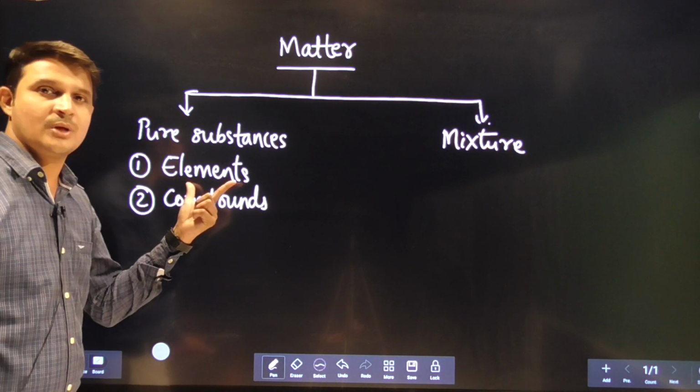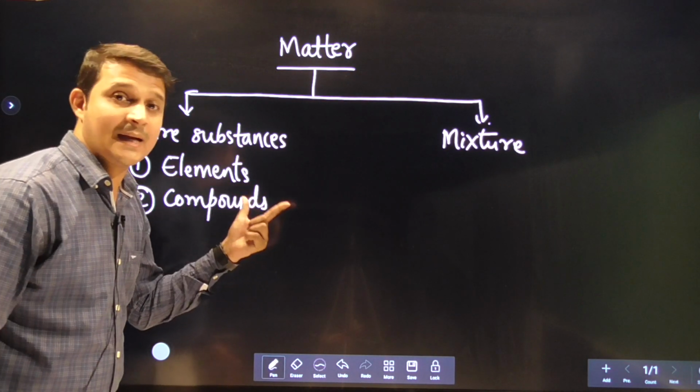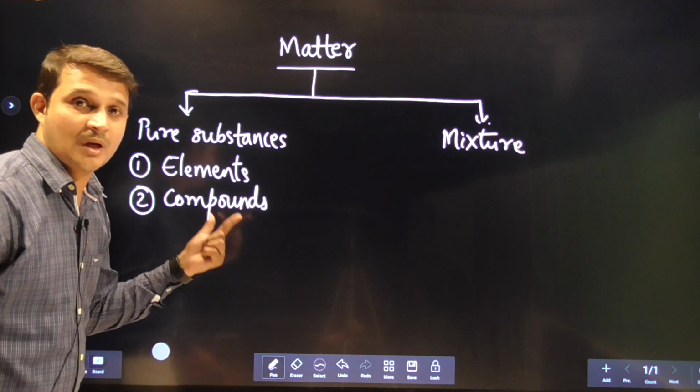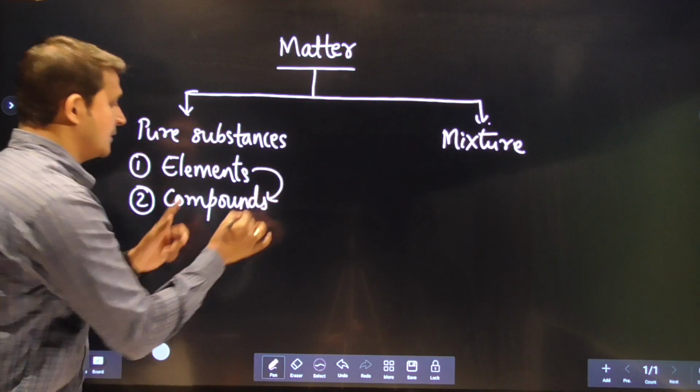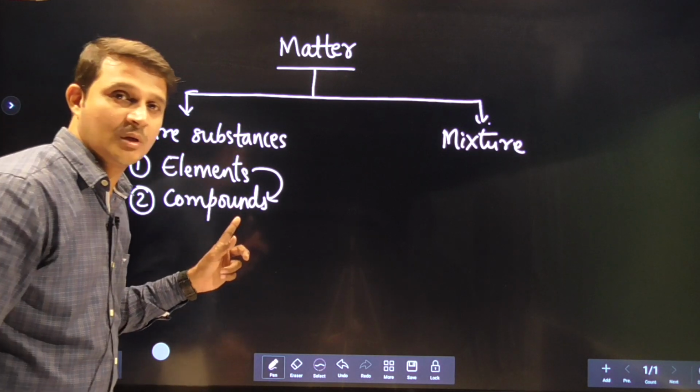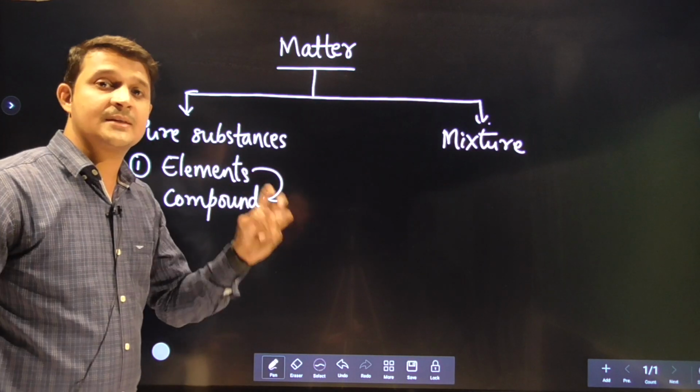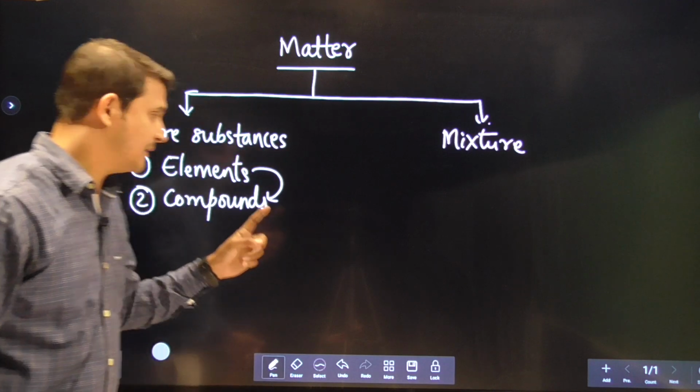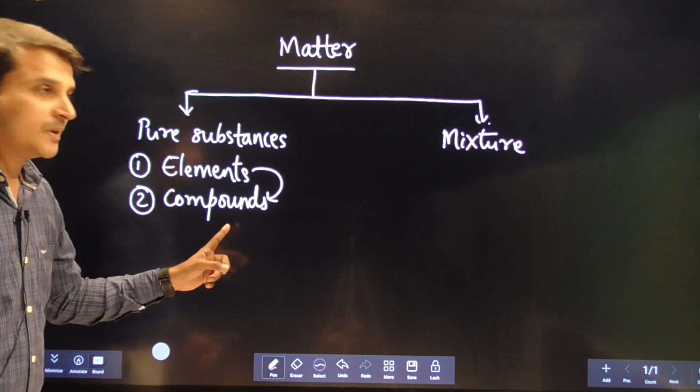In elements, only one type of atom is present. Compounds are made up of nothing but elements. When two or more elements combine in fixed composition, they give rise to compounds.